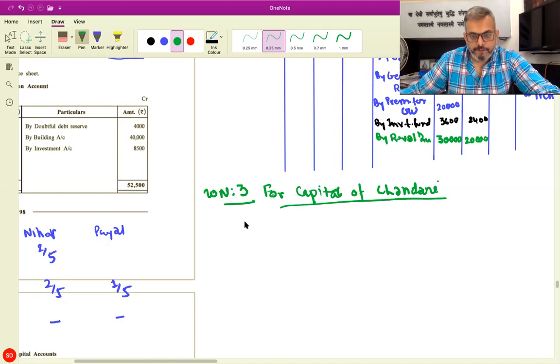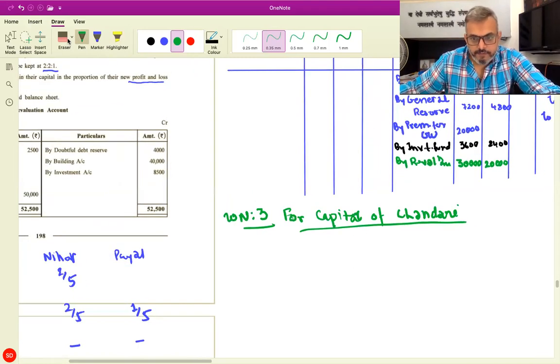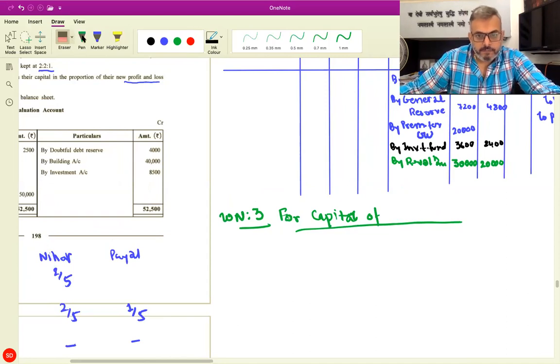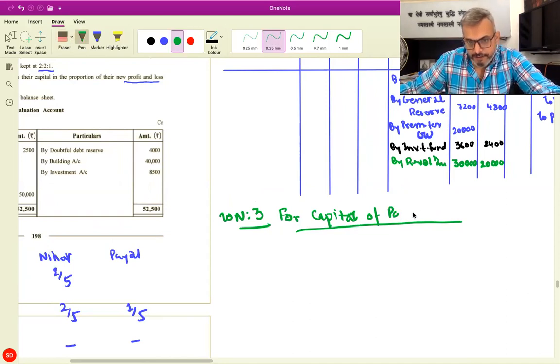Now over here, first let's find out capital of Nihar and Chandani. For capital of Payal, first we have to find the capital of Chandni and Nihar.